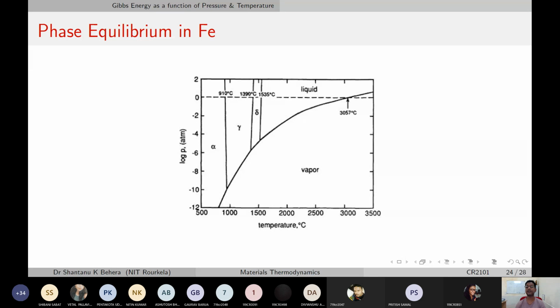Okay, and what's an FCC type of crystallographic structure? Unlike BCC, where in the center of the cube you have an atom or lattice point, in FCC you have lattice points at the middle of the 6 bounding planes, instead of the three-dimensional center.